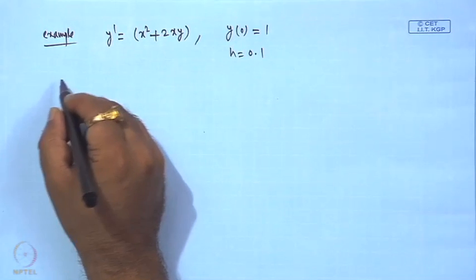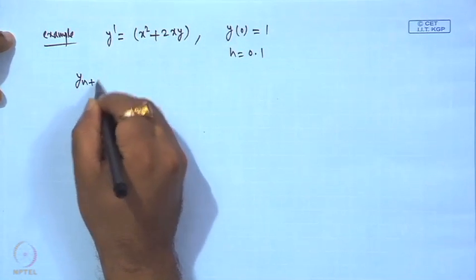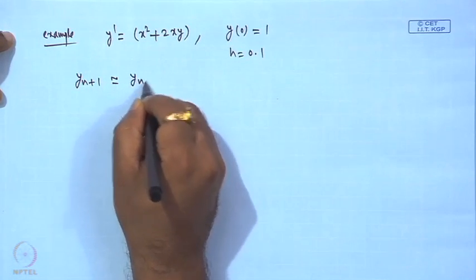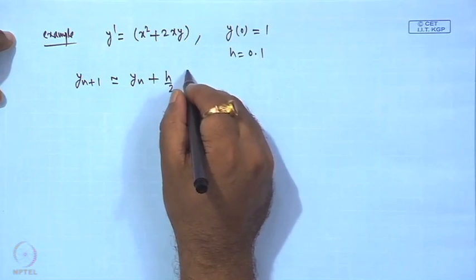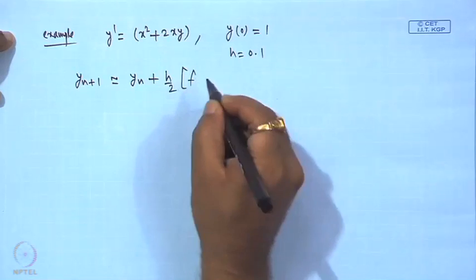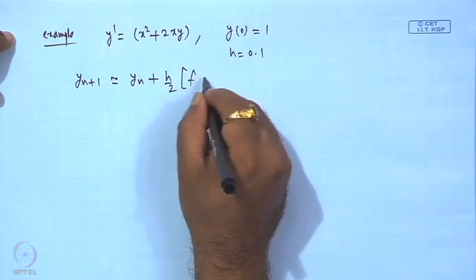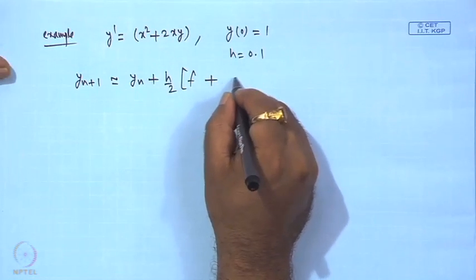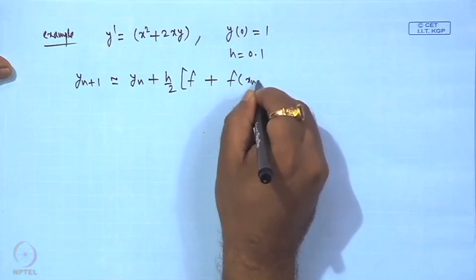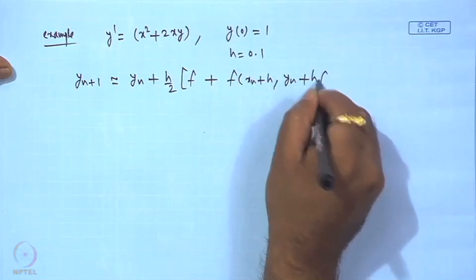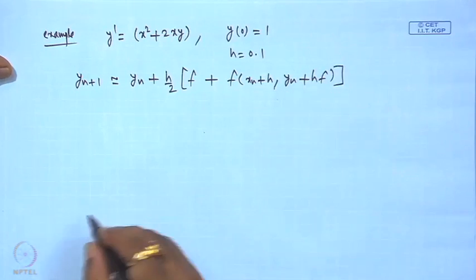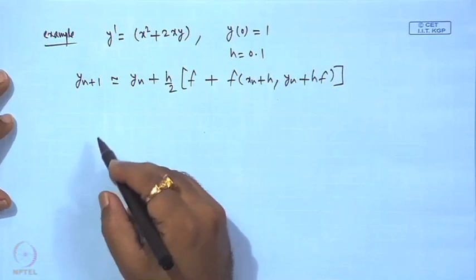So, in the alpha 1 case we have y n plus 1 is y n plus h by 2, k 1 is just f there, plus k 2 is f of x n plus h, y n plus h f. So, this is the method we have.